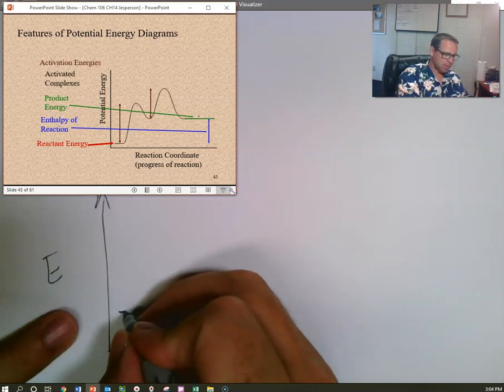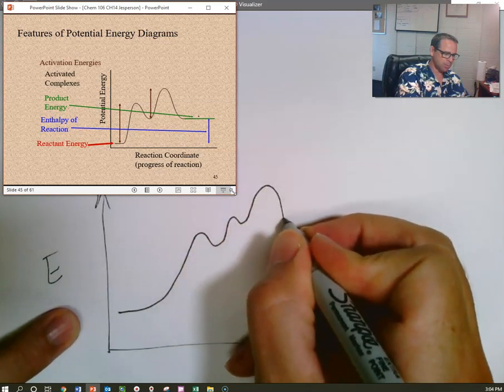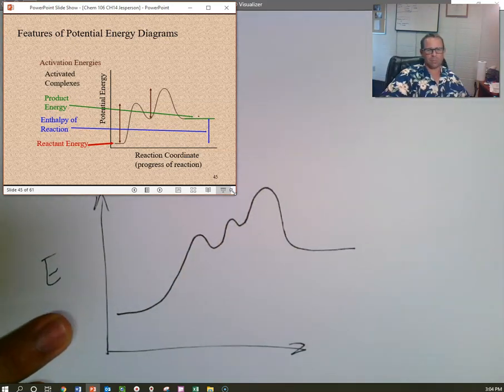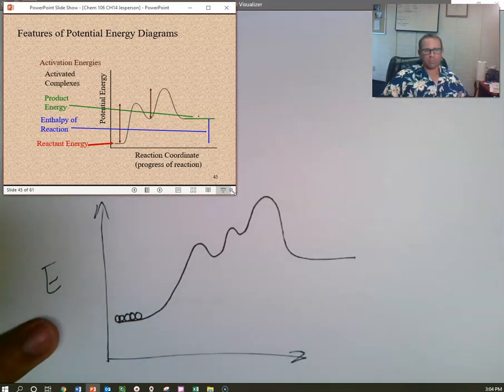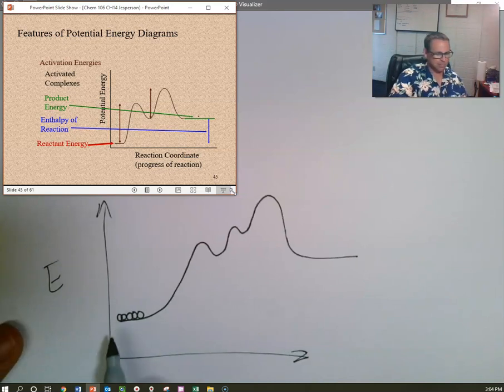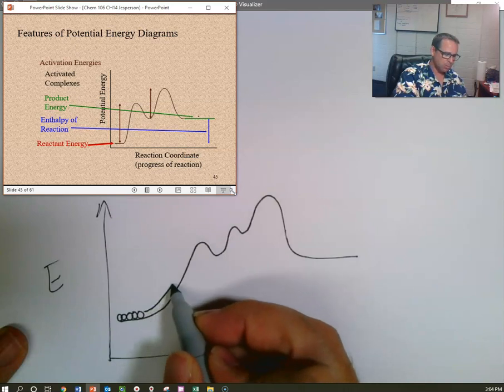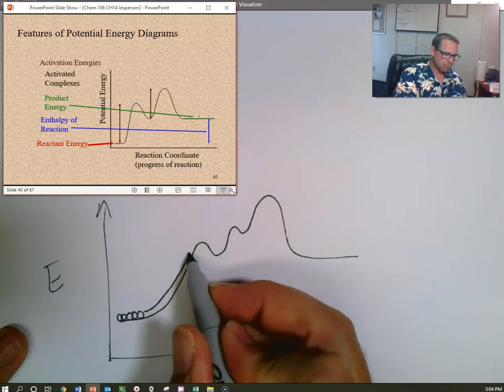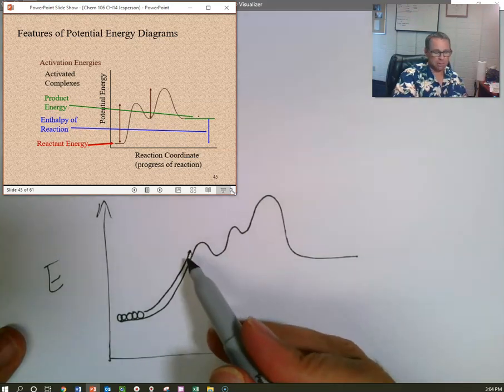And if we think about this as a nice smooth ramp, and we have a bunch of pool balls, right? Billiard balls, baseballs, some sort of ball. If I give enough energy to the ball it will zoom up the mountain, depending on how much energy I have given it.